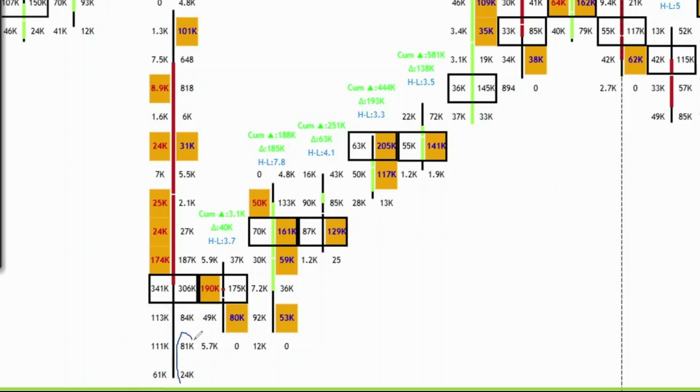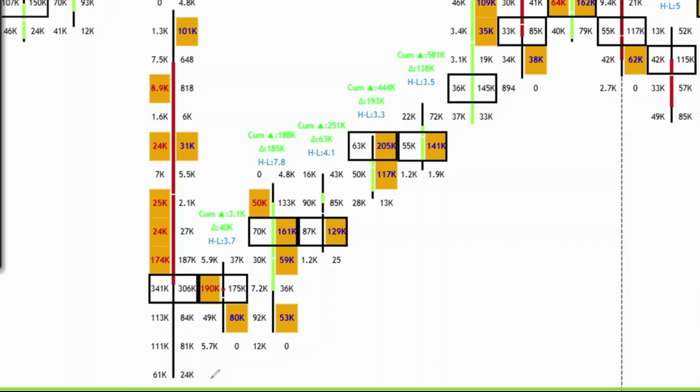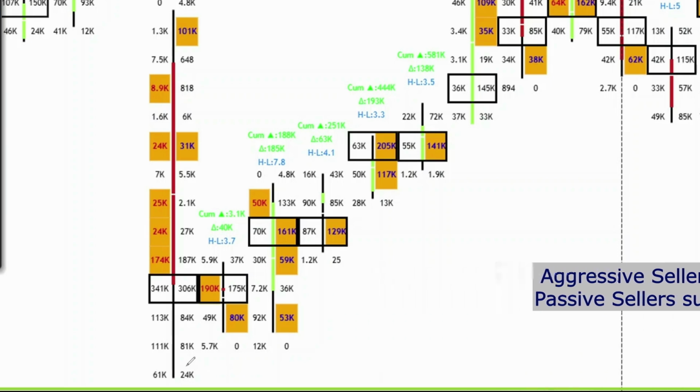Not only that, the passive sellers at the lower levels are not as interested as the aggressive sellers. So here the 1,11,000 aggressive selling is there, but only 81,000 passive sellers are there. Here also 61,000 aggressive sellers are there and only 24,000 passive selling is there. For any reliable trend in order flow, these aggressive sellers move the prices downside, whereas the passive sellers support the downside move.